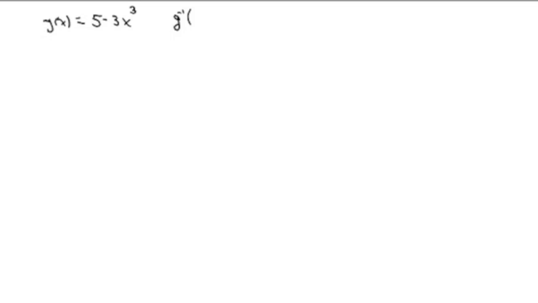All right, so g of x is equal to 5 minus 3x cubed, right? And g inverse of x is equal to the cube root of 5 minus x over 3. Yeah, okay. So let's say, just for fun, I had this equation.